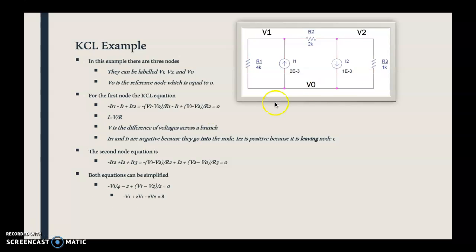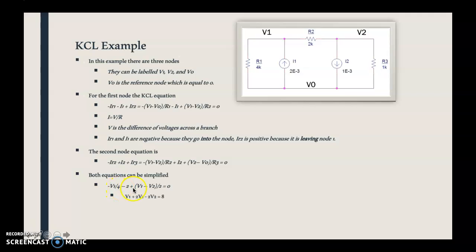We have negative V1 over 4 minus 2 plus (V1 minus V2) over 2 equals 0 for the first one. What we did there is just plugging in the resistance values that we are given. So R1 is 4, R2 is 2, and R3 is 1.